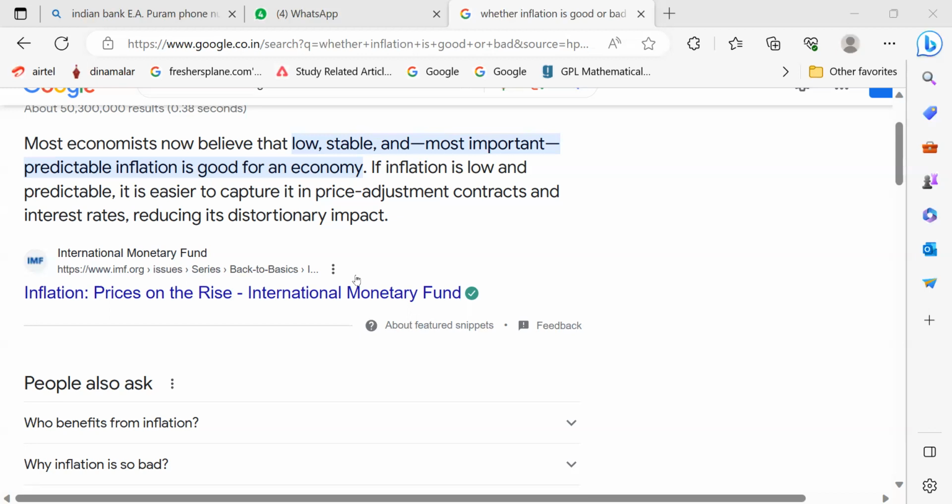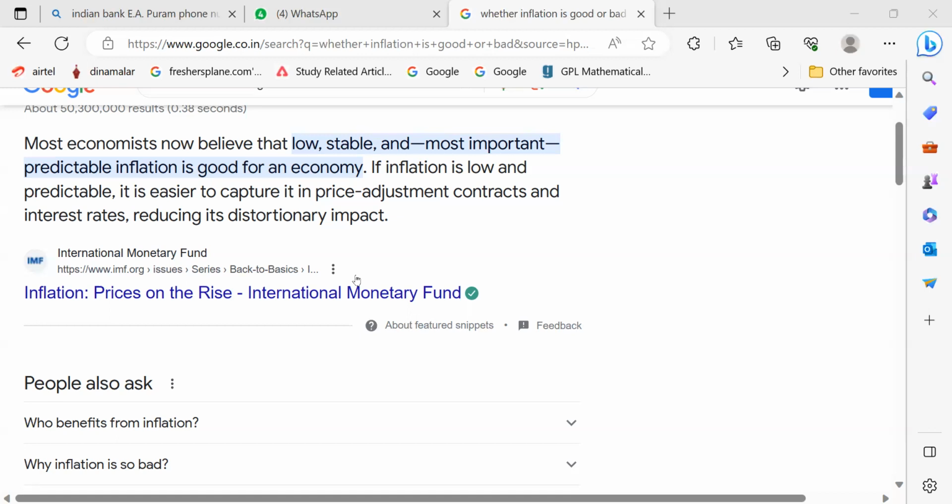This can be known by simple factors. I think I must have told you, when I joined the bank, the salary for a clerk was 320 rupees. The same clerical job is getting 40,000 rupees in banks now.